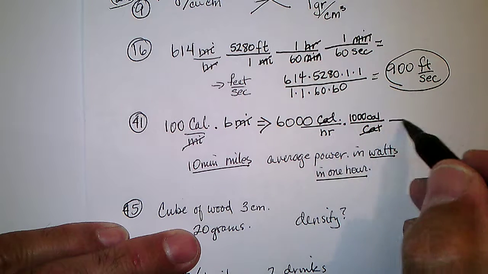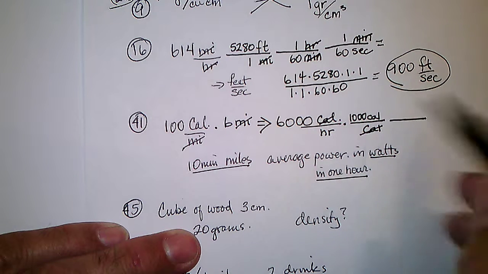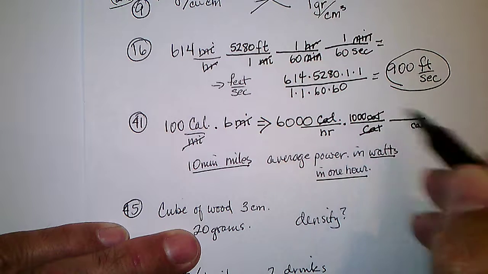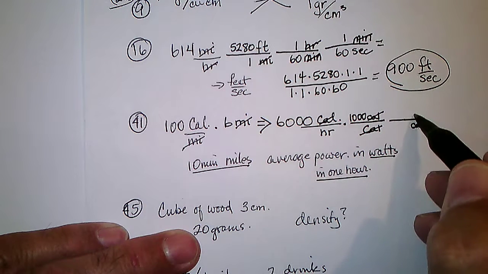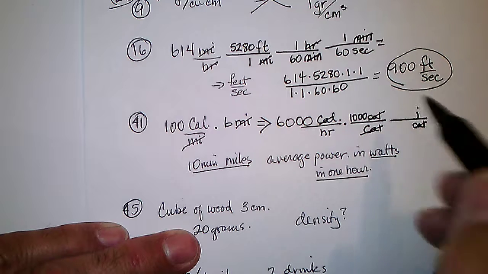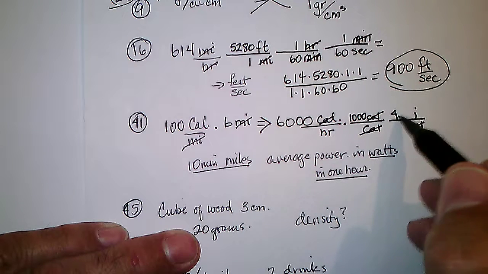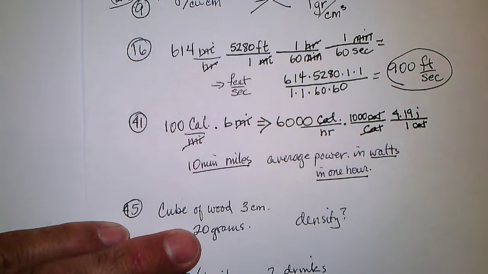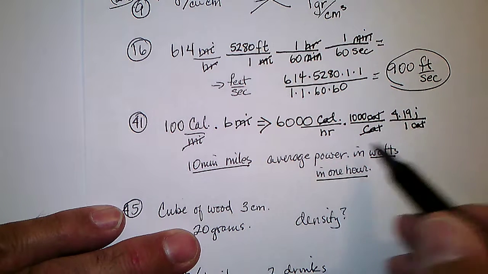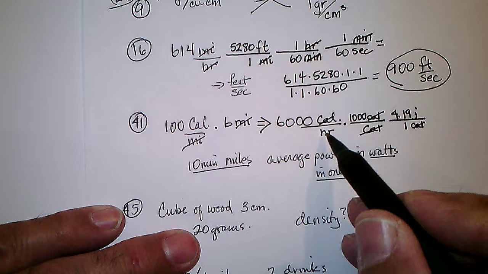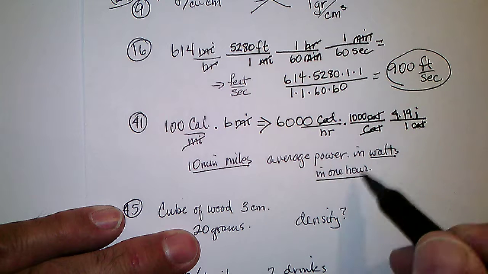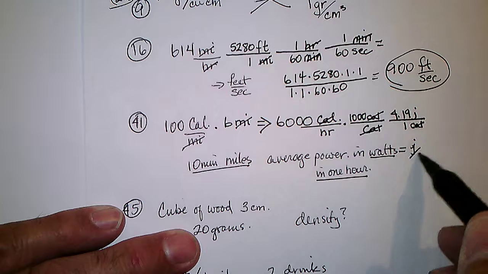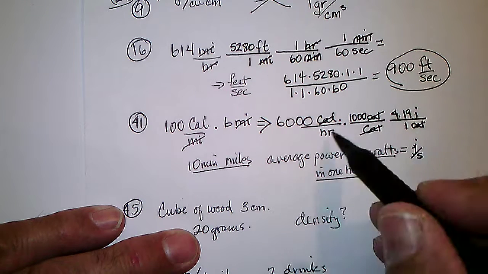And then we have to convert the calories to joules. And so I got to put it in the denominator to cancel the numerator, and get joules. And there's 4.19 joules in 1 calorie. All right, so now we got joules per hour, but we need joules per second, which is what a watt is. So now we have to change the hour.